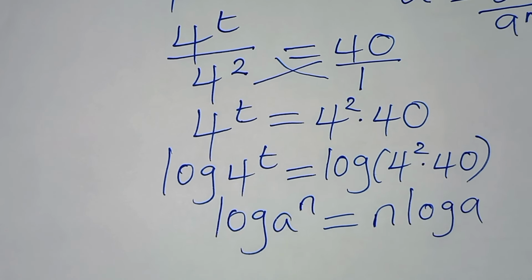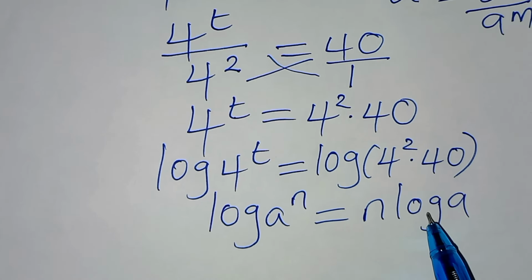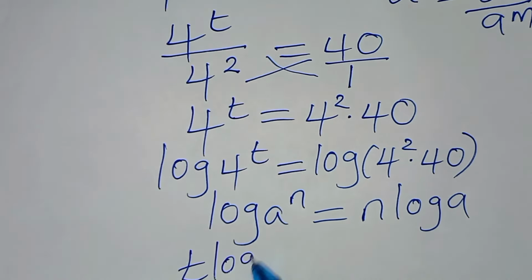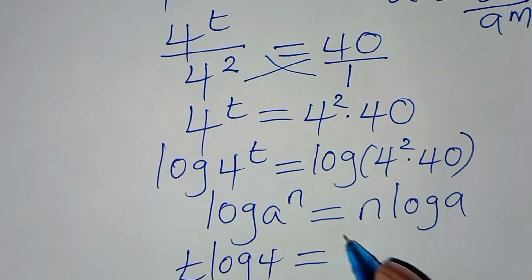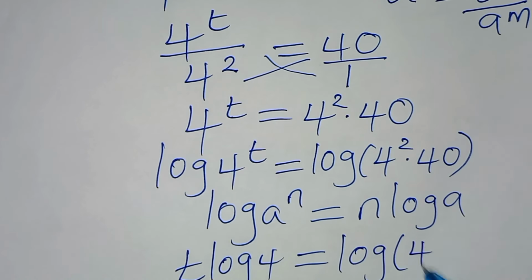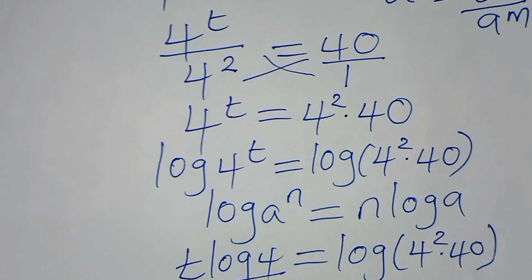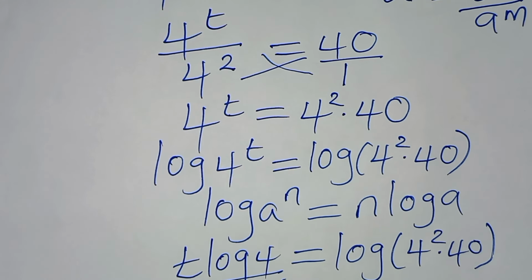Applying this power rule property of logarithm, log 4 to power t becomes t log 4, equal to log 4 squared times 40. Let's divide both sides by log 4.